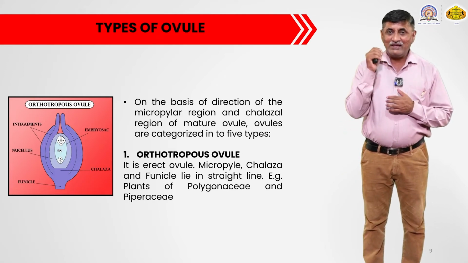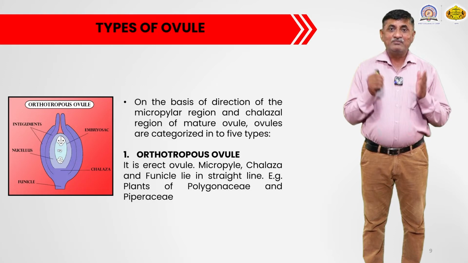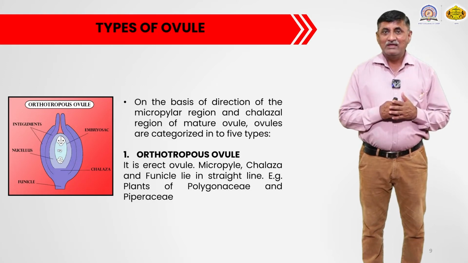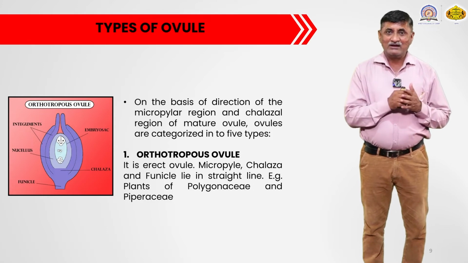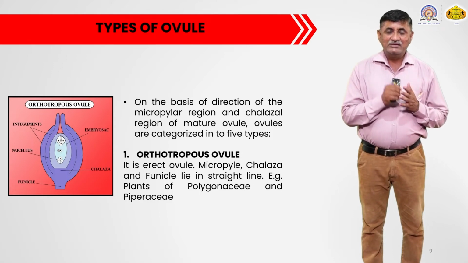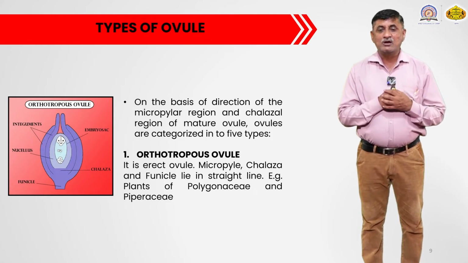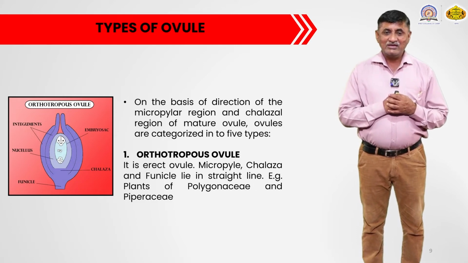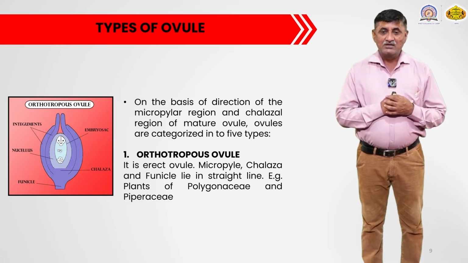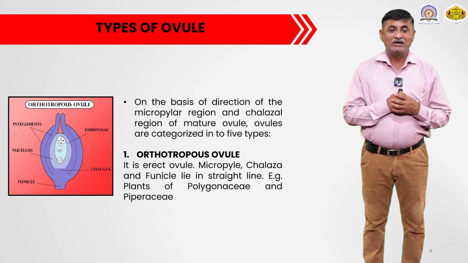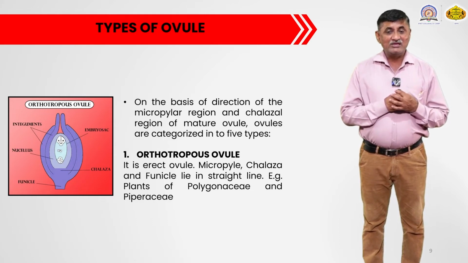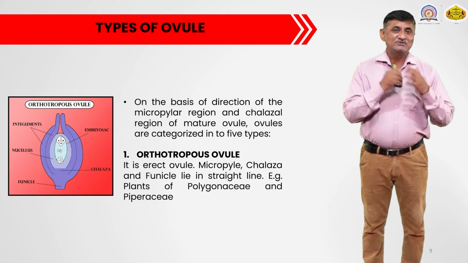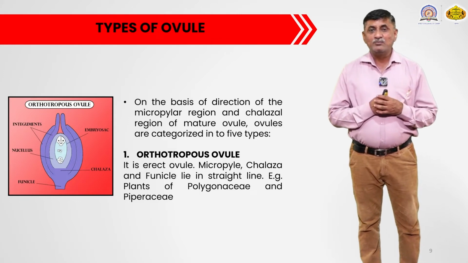How the micropylar end and funicle are present in a particular ovule, accordingly that ovule has been given a particular type name. So on the basis of direction of the micropylar region and chalazal region of a mature ovule, these types are made.